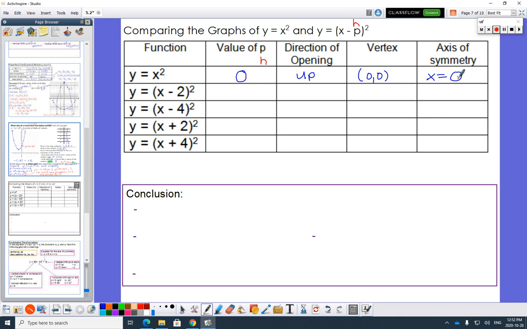So remember, it's opposite to what you would think. If this is negative, then we're actually moving right 2. So the value of P is plus 2. And then if it's positive, you're actually going left.